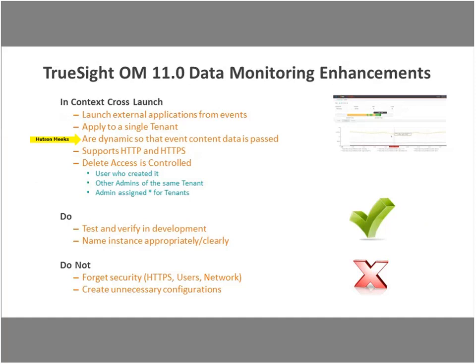Now, I'm not going through how to configure these URLs. There's a very good discussion on that in the documentation, and there's even a video. It's about a 10-minute video or so that you can watch that explains how to set that up. Okay, but it's quite easy. It's very intuitive, and I think you're going to like it if you're going to use this feature. It supports HTTP and HTTPS only. Okay.